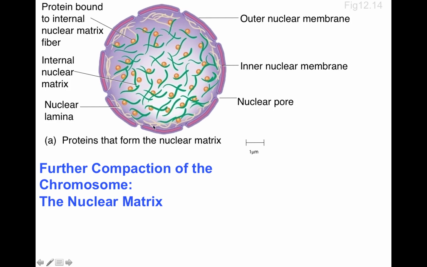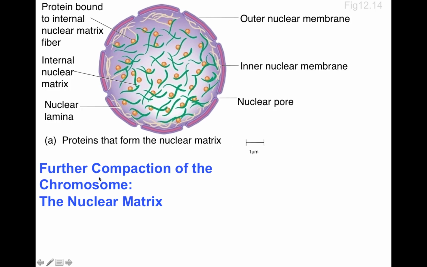Underneath the membrane on the inside of the nucleus is a nuclear matrix and nuclear lamina, and then in the middle of the nucleus is a nuclear matrix, which is comprised of lots of different types of proteins. There's internal nuclear matrix, there are other proteins that are bound to the nuclear matrix, and in the middle of this is all the DNA that makes up the genome.